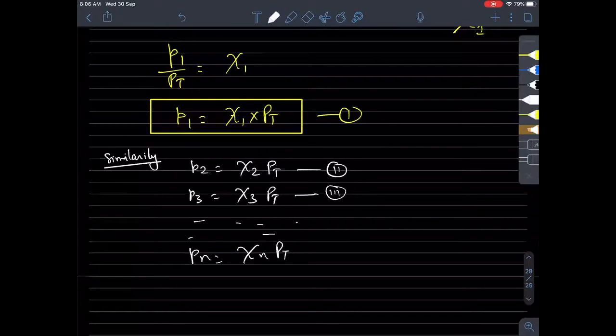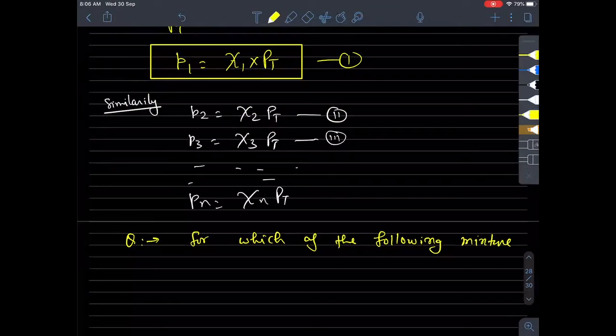And now one question I would like to ask, if you have understood the things well. For which of the following mixture of gases we can't apply Dalton's law of partial pressure?